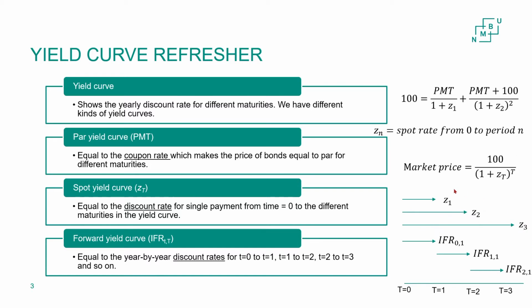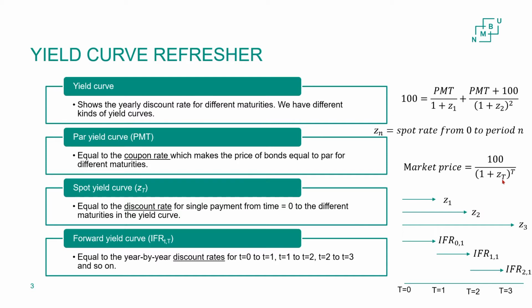Well, you look at the zero coupon bonds in the market, hence the Z. The price of the zero coupon bonds in the market should be equal to the future value of the zero coupon bond divided by the discount factor. Okay, so what do you have here? You have the market price, you have the future value, and the time to maturity. What you don't have is the spot rate.